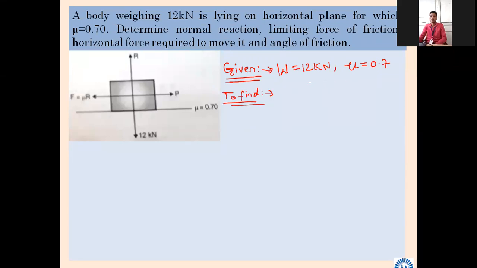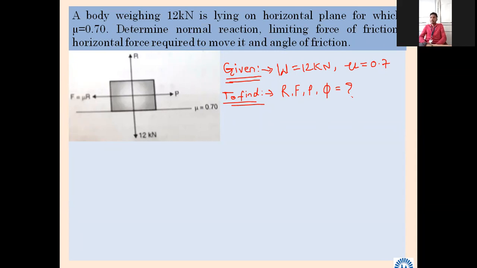R, F, and P. Okay. R. Yes. P. Limiting force. Horizontal force P. Is it the case? Or any more we want to find? Angle of friction phi. Yes, that also we need to find. So these four things we are supposed to find.